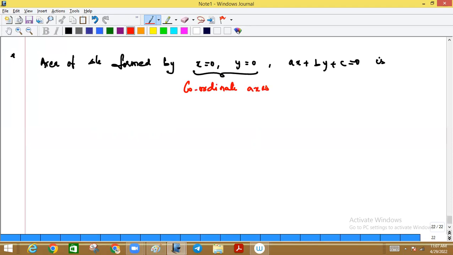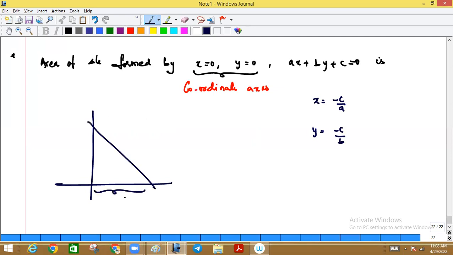What do you mean by x equal to 0? Y axis. What do you mean by y equal to 0? X axis. Put y equal to 0, what happens? X is equal to negative c by a, y is equal to negative c by b. Assume that the x-intercept is negative c by a, y-intercept is negative c by b.